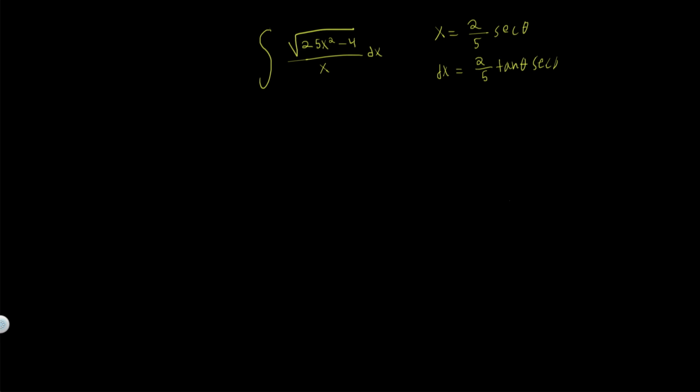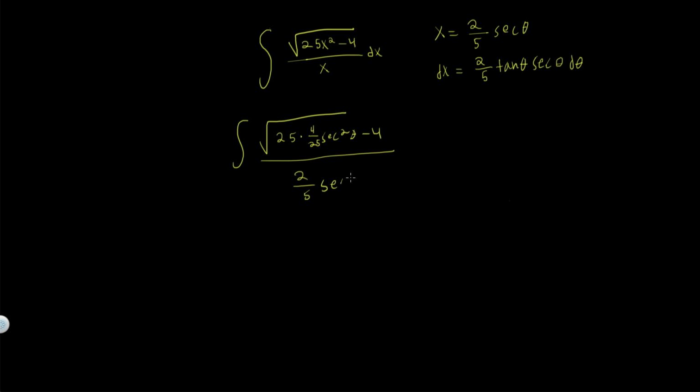Now, let's substitute the values that we know. Since x is 2/5 secant theta, we get the integral of the square root of 25 times 4/25 secant squared theta minus 4, all over x, which is 2/5 secant theta.